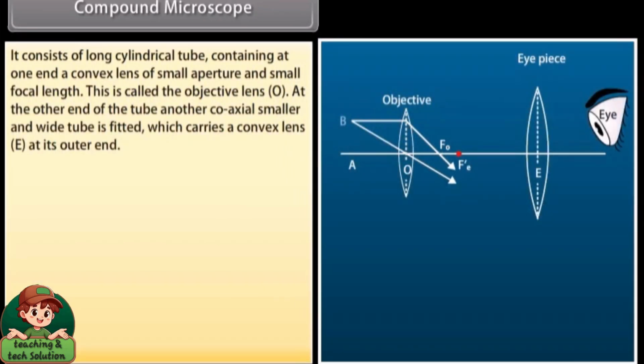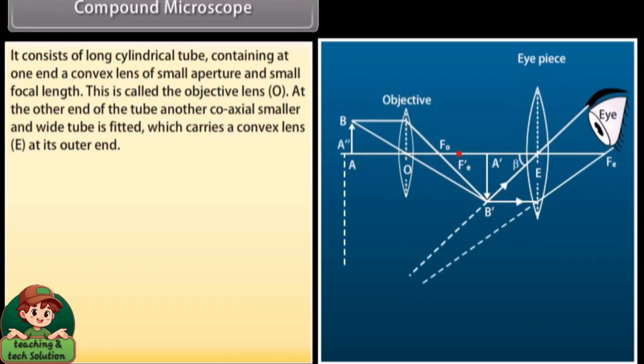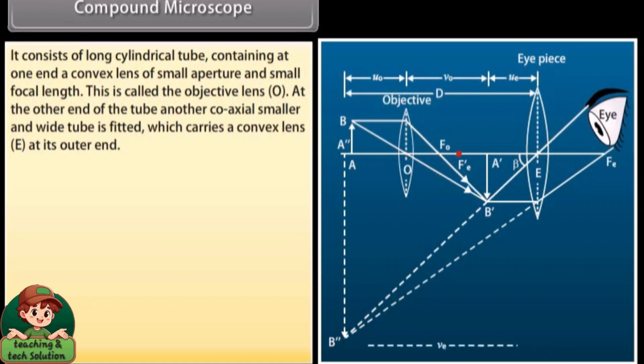Compound microscope. It consists of a long cylindrical tube containing at one end a convex lens of small aperture and small focal length. This is called the objective lens O. At the other end of the tube, another coaxial smaller and wide tube is fitted, which carries a convex lens E at its outer end.